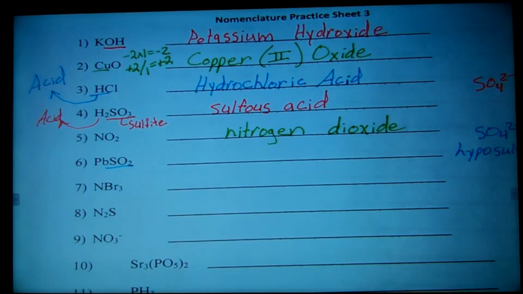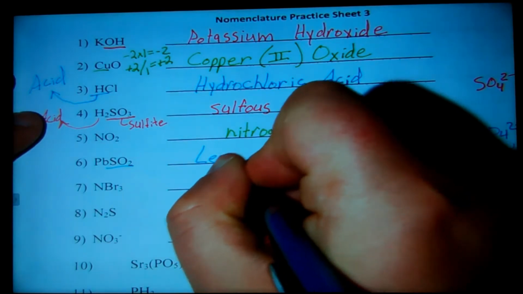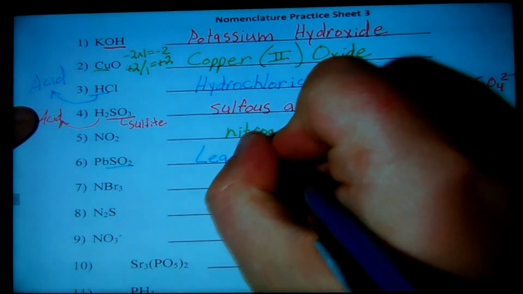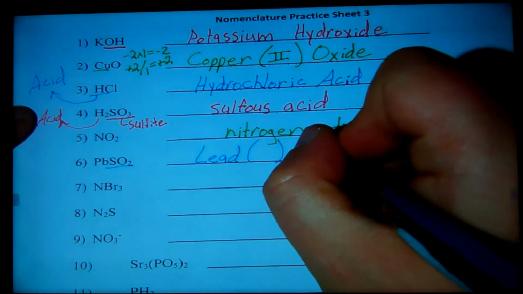Now in this, look at the positive part, that cation that's sitting there. Pb, that's lead. When you look at lead, I know it's in the P block, but it follows the D block dude rules. It can carry multiple different charges. So we're going to have lead, and because it carries multiple different charges, we're going to have to put the charge in parentheses. I'm going to go on and write this hyposulfite down here.